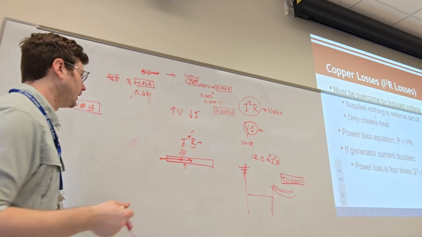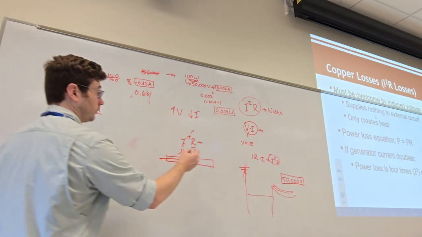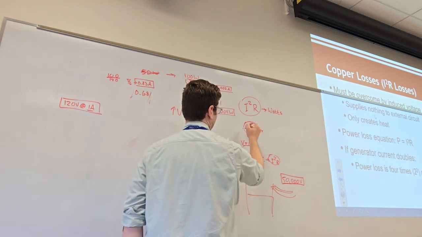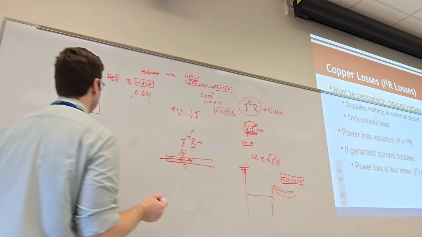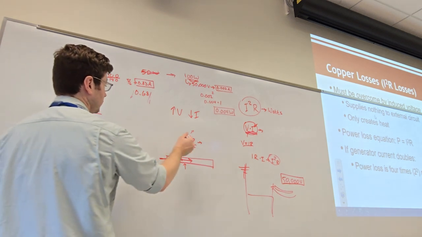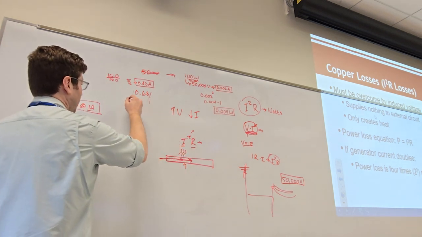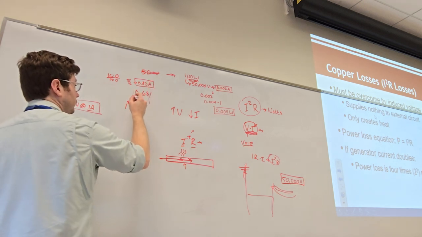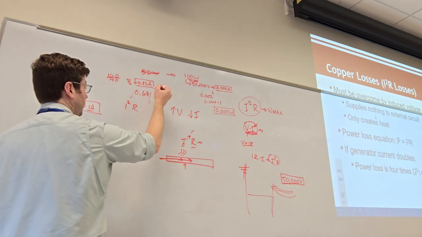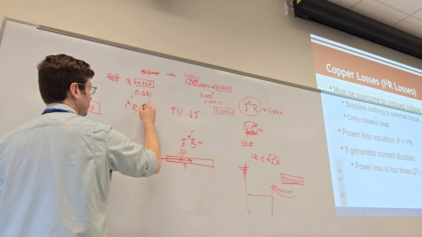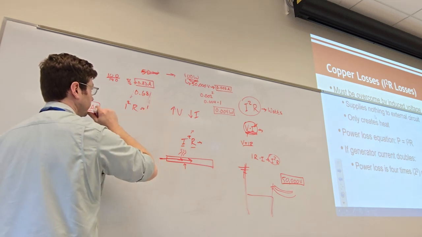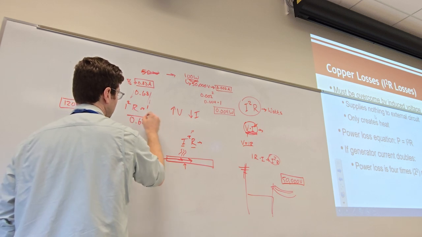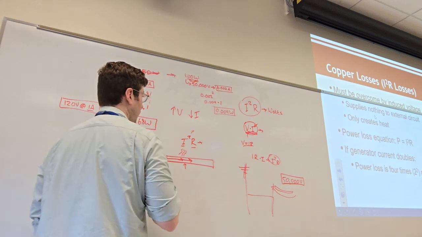So that's one way we would use our wattage equation for power. But back to our loss equation, I squared R: our current squared is 0.68, and our resistance is said to be 1, we're controlling for that right now. So 0.68 watts we lost.